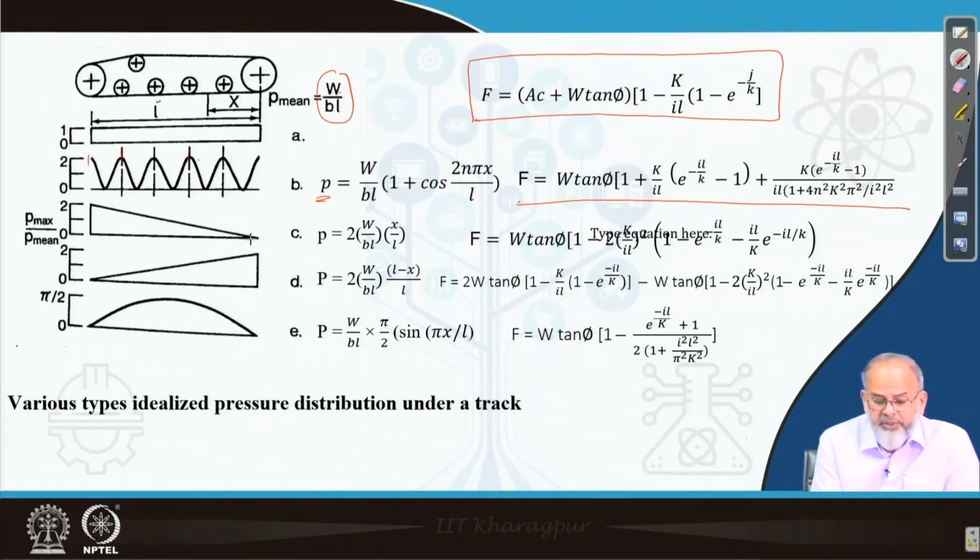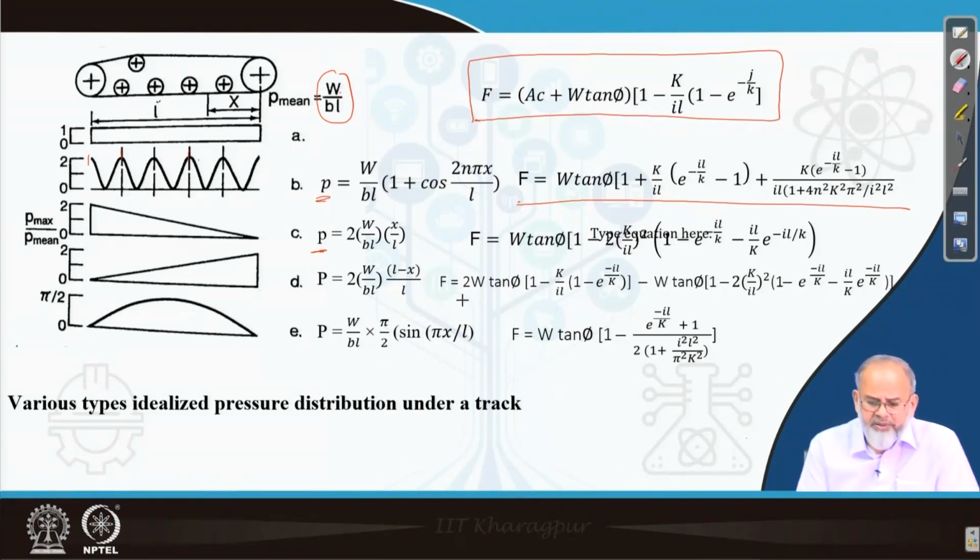Similarly, when the pressure distribution is zero at the front end of the track and maximum at the rear end, then P is equal to 2W by BL into X by L. If pressure is maximum at the front end and minimum at the rear end, then P will be equal to 2 into W by BL into L minus X by L. Similarly, if the pressure gradually changes, reaching a peak, starting from zero at the front end and coming back to zero at the rear end, then P will be equal to W by BL into pi by 2 sin pi x by L. On the right side I have given, for all these 5 conditions, the expression for tractive force.